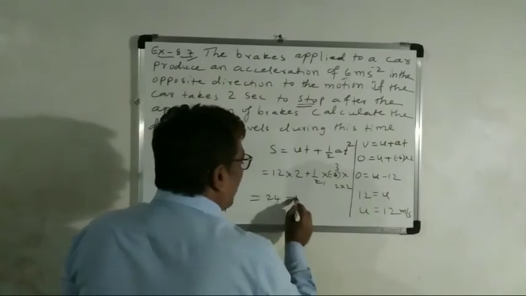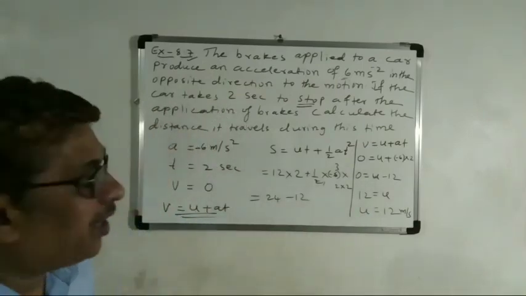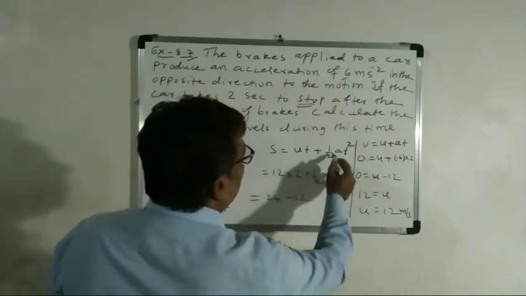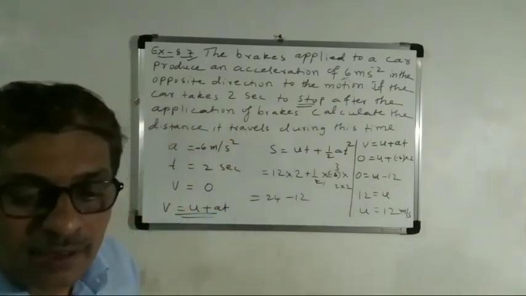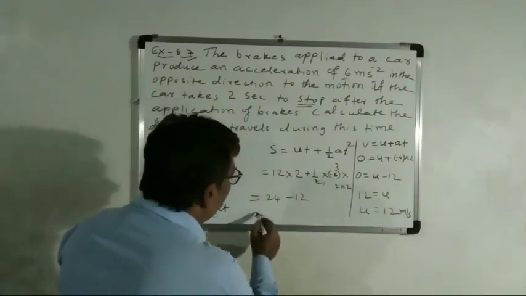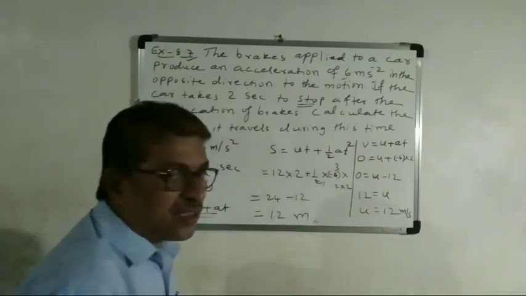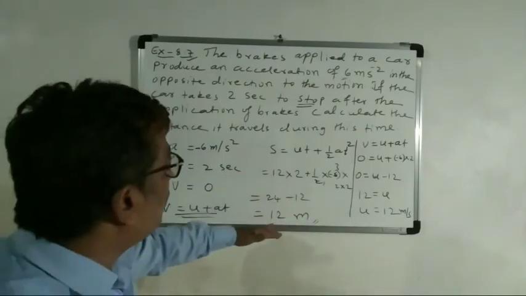See, 24 minus 12 you got. So now you got 12 meters because it is distance. The unit of distance is 12 meters.